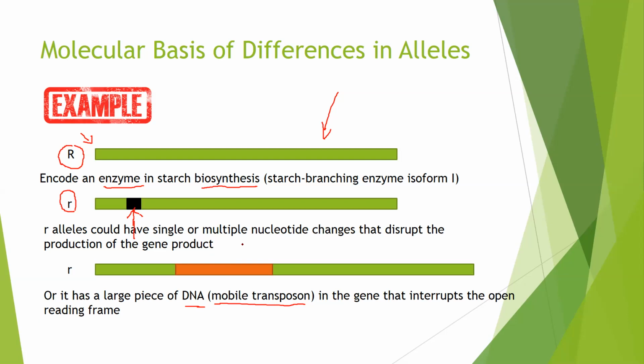And this gene again cannot produce any functional enzyme or protein anymore, and this will give you a mutant phenotype. So this is the molecular basis why for a single gene we could have more than one form, more than one allele. Yeah, I hope this is clear.